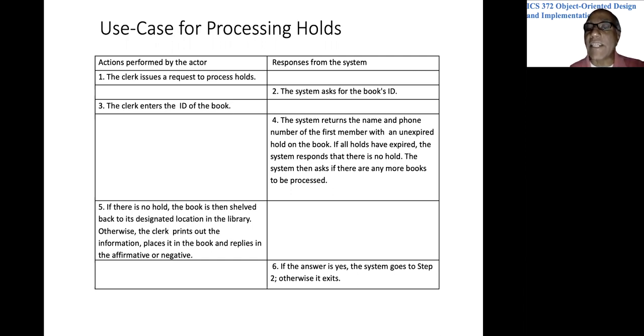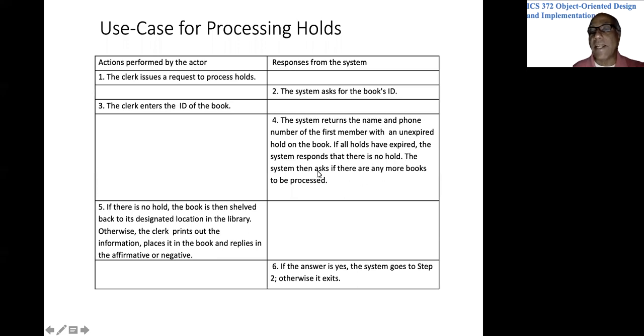So if all the holds of a book have expired, then it is not of any interest to any of those people who placed the holds, and the members should not be informed because they don't have any more interest in that book. So that is the tricky part. So the system returns the name and phone number of the first member with an unexpired hold on the book. If all holds have expired, the system responds that there is no hold.